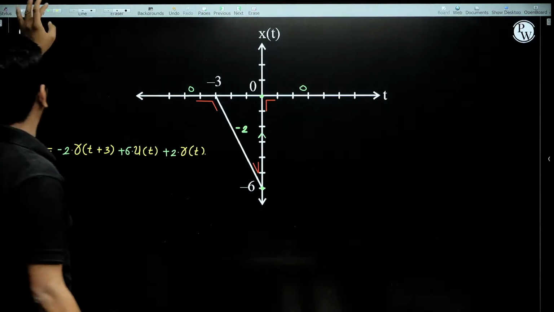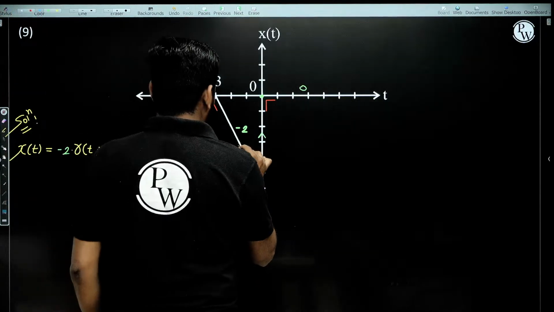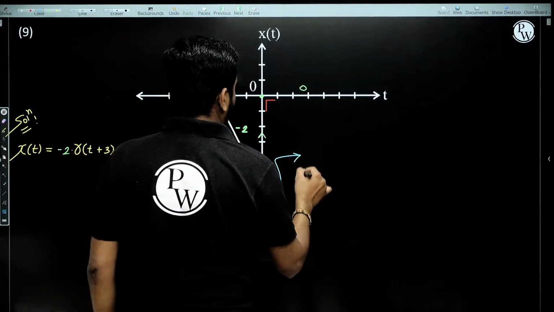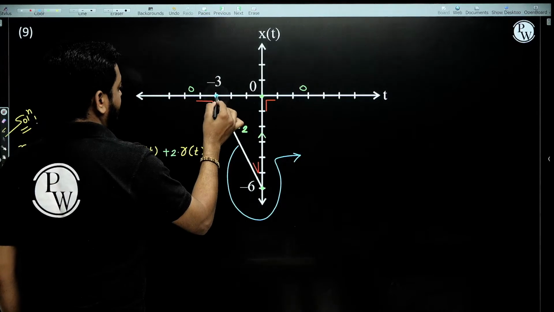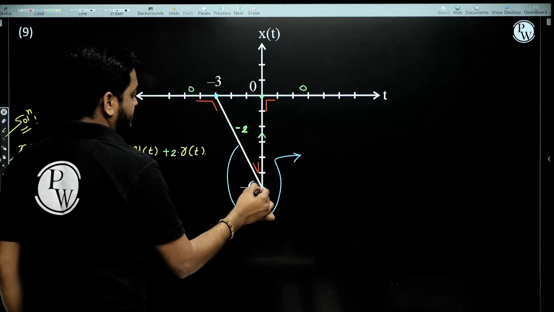Now the window concept, guys. First the equation of the line. Intersection with the x axis is minus 3. Intersection with the y axis is minus 6, guys.